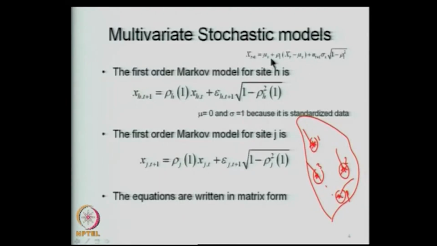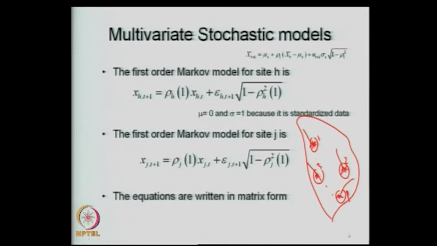Because we have standardized, mu is 0 and standard deviation is 1, plus because of this now I will write, instead of u t plus 1, epsilon h t plus 1, and this is 1 minus rho h square at lag 1. So, the rho 1 I am writing as rho h 1, indicating that it is the lag 1 autocorrelation at site h. So, this is what we do at site h. Similarly, for any site j, we will write the same expression for site j. So, like this for sites 1, 2, 3 etcetera up to p, you can write these models.